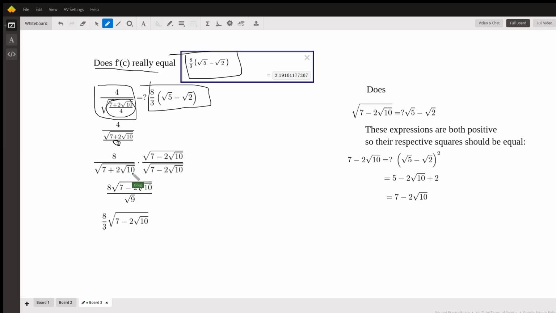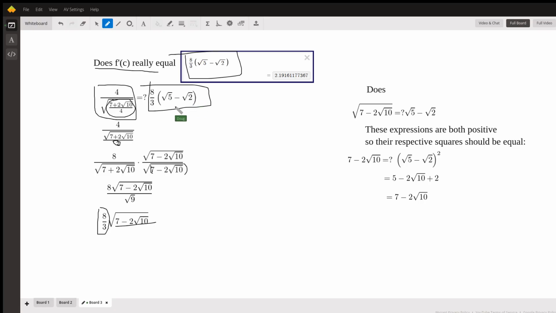Let's try to eliminate the radical in the denominator by multiplying by the square root of the conjugate. I get the square root of 49 minus 40. That's a 3. I get 8/3 times the square root of 7 minus 2 radical 10.